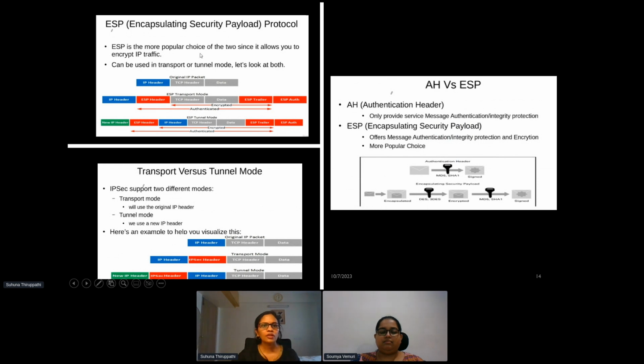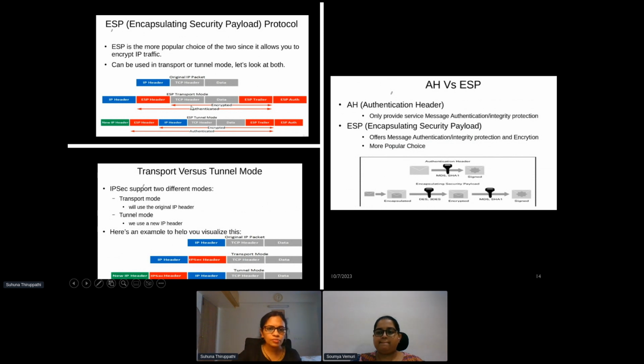Now let's look at the Encapsulating Security Payload protocol. This is the most popular choice of the two since it allows you to encrypt IP traffic. We can use transport or tunnel mode. Let's look at both. This is the original packet.